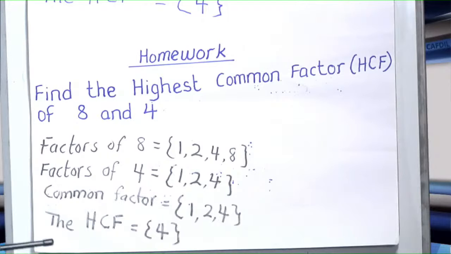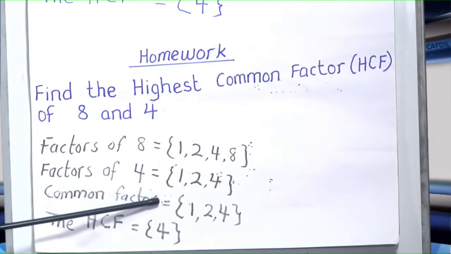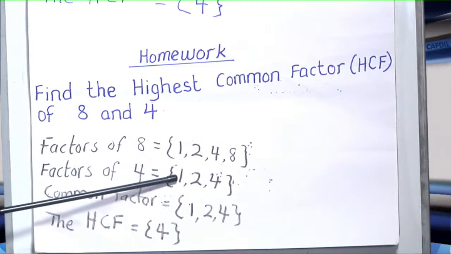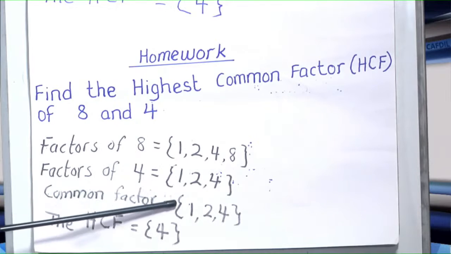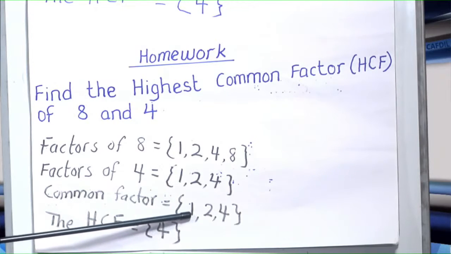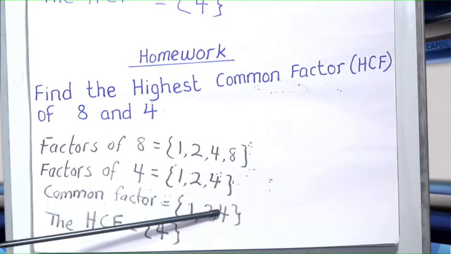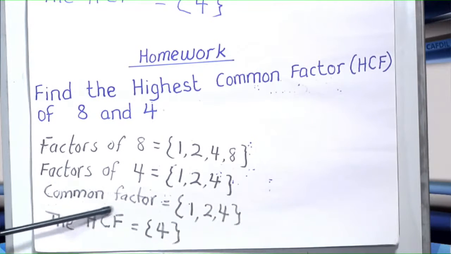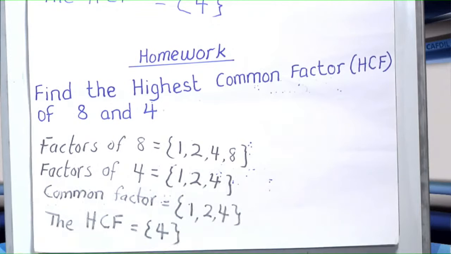Then here we have the set of common factors. That is the number that I can see here and at the same time here. And these are the numbers. We have 1, 2, and then 4. So now I consider the set of common factors here. Then I pick the highest number.